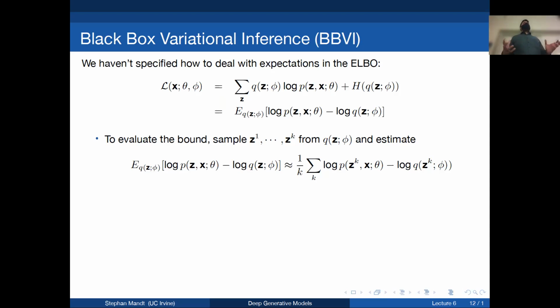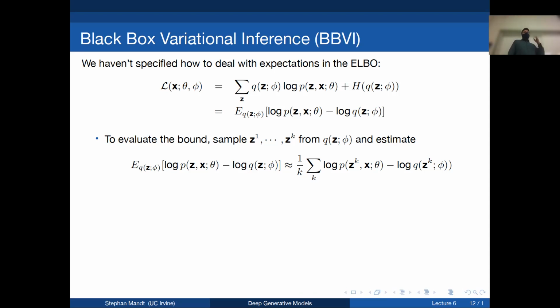Now we learn how to actually take gradients, because in machine learning when we fit models we take gradients of some loss function. How do we build gradients with respect to this evidence lower bound? Are there any questions so far? Feel free to ask at any point.